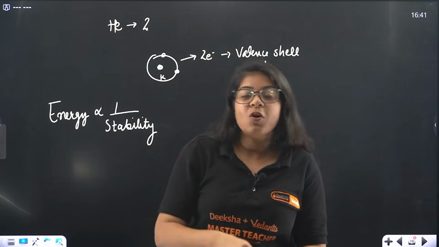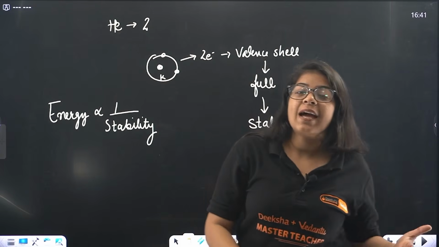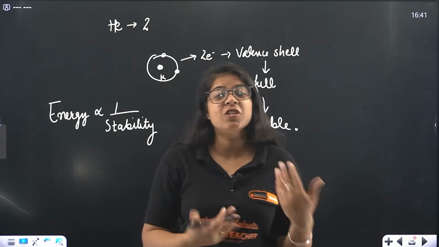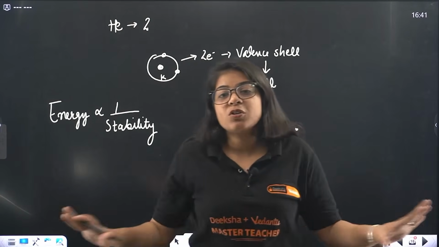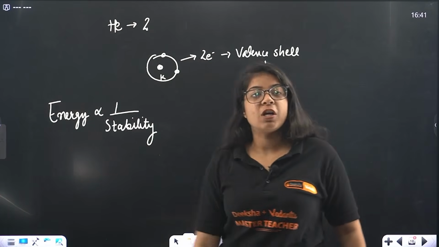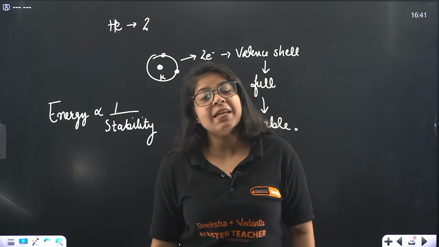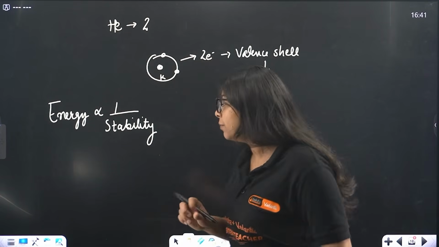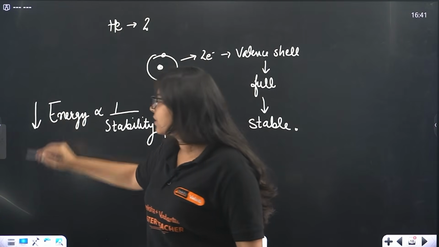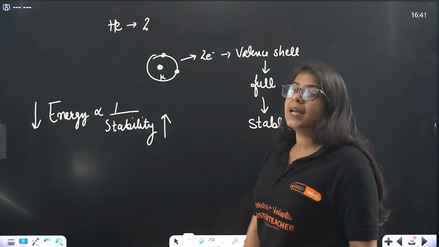Because it is going towards more stability. Just like that, electrons, atoms, molecules, ions, cells, tissues, organs, everything wants to be stable. But stability is inversely proportional to energy. That means if you need more stability, you will have less energy.